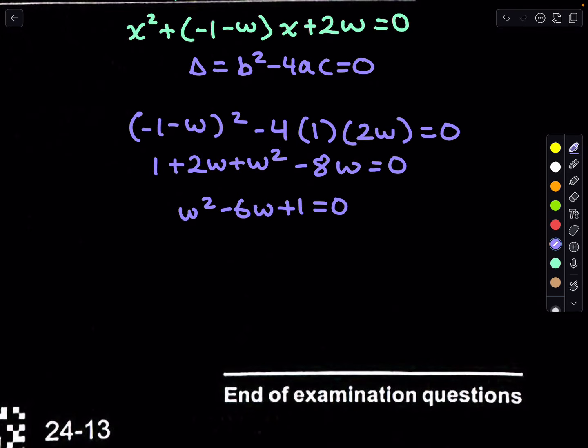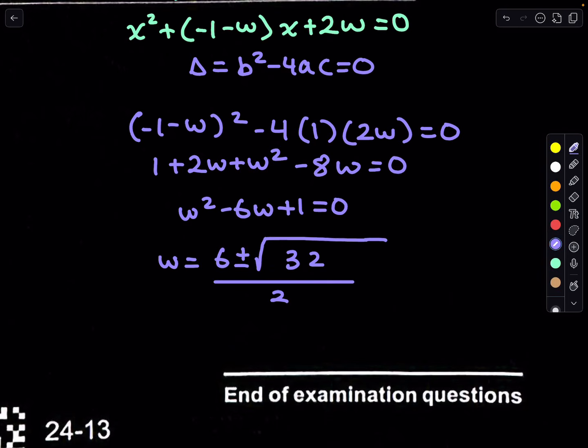So we need to solve for w, using again the quadratic formula. To get w, it's negative b, so it'll be positive 6, plus or minus the square root of b squared, which is 36, minus 4. A is 1, c is 1. What's 36 minus 4? That's 32, over 2a, which is just 2.